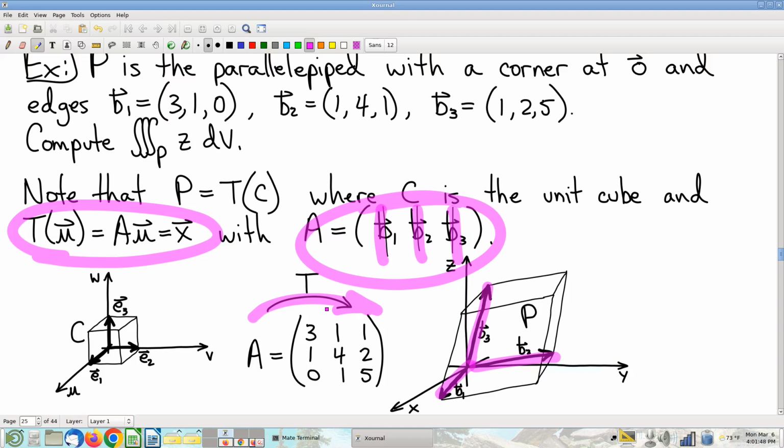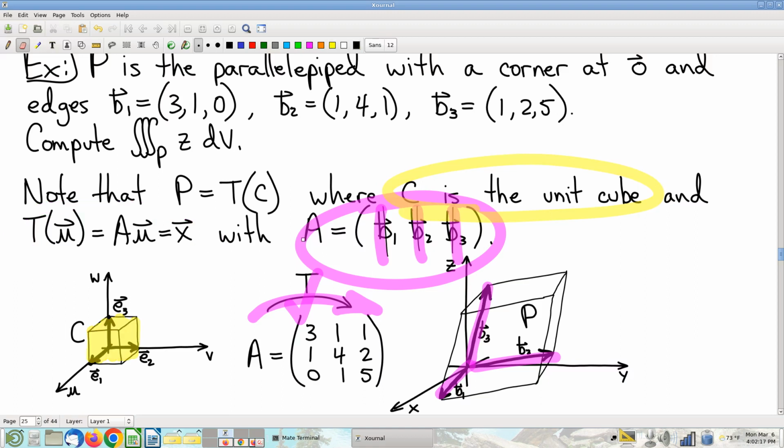It's very easy to state. Whatever the edge vectors are, which in this case are given, defining your parallelepiped, let that be the columns of your matrix that defines a linear transformation. This then is your change of variables function. And what's beautiful about this is that your parallelepiped is literally the image of this unit cube over here.